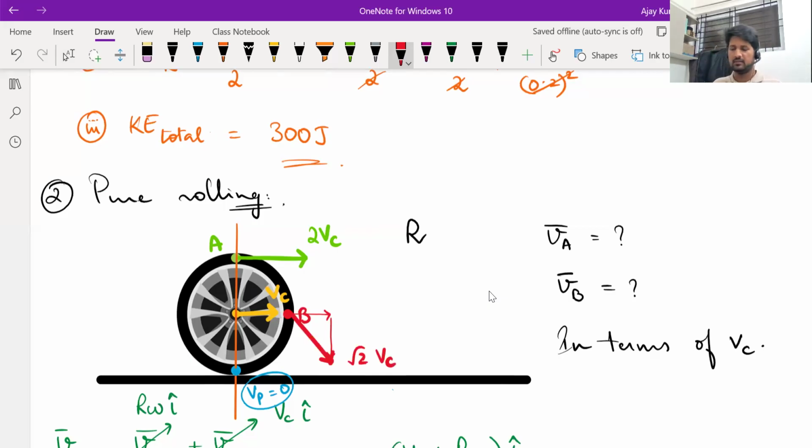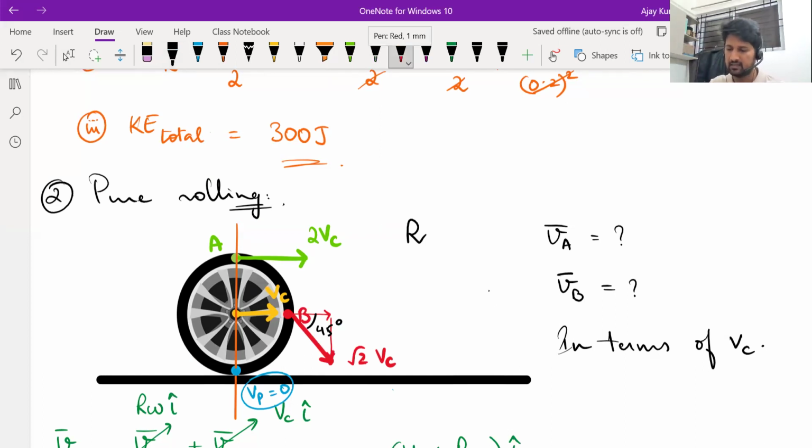And this vector, the actual velocity of the particle B, has equal x component and y component, meaning it will be making 45 degrees with the x-axis and also the y-axis. This angle is 45.